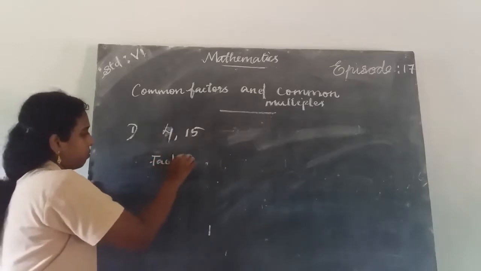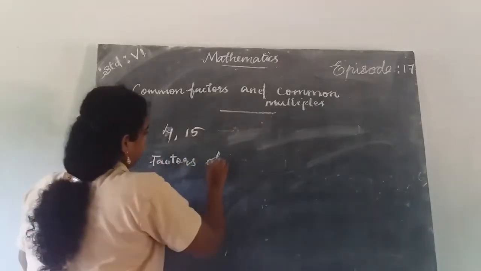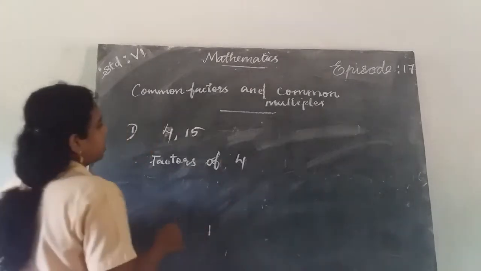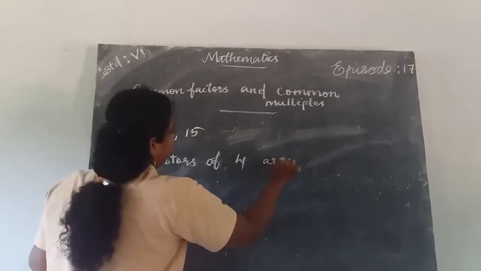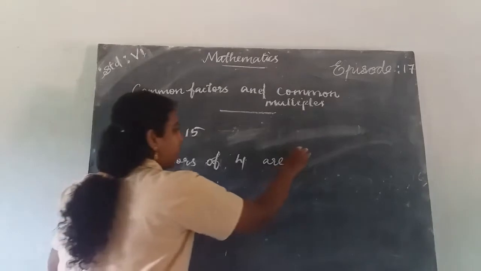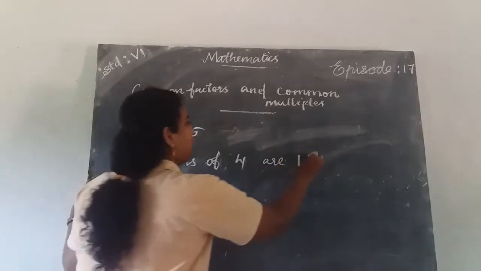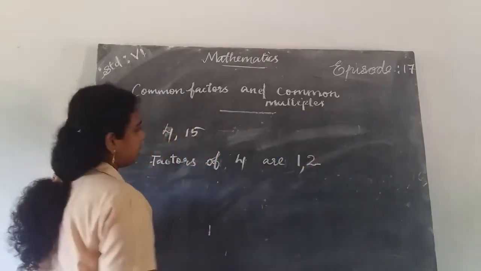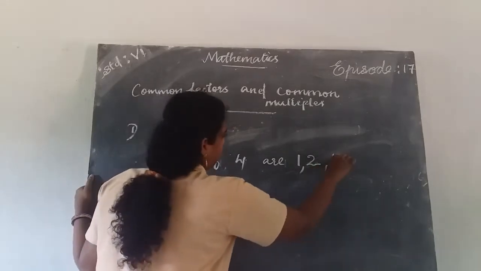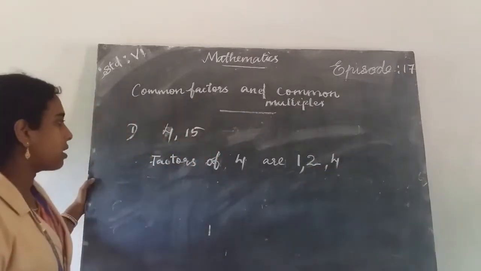Factors of 4 are: 4 comes under the table of 1, then under the table of 2, then the table of 4. So 1, 2 and 4 are the factors of 4.